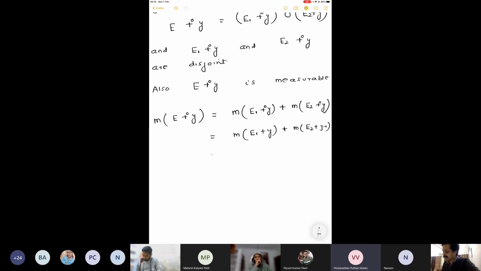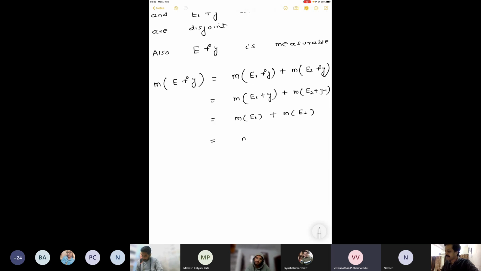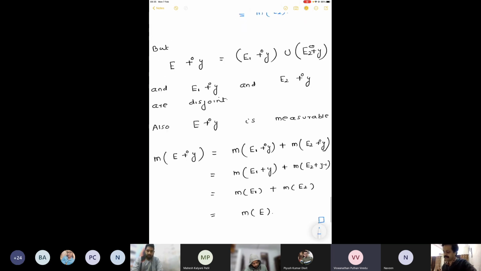And this is measure of E1, and the second one is measure of E2. E1 and E2 are disjoint parts of E, and therefore measure of E1 plus measure of E2 is measure of E. Thus, the lemma: if E is measurable, then special translation of E is also measurable and the measures will match. So this proves the lemma.